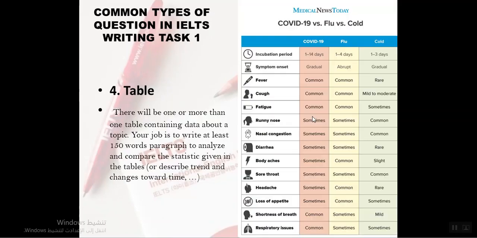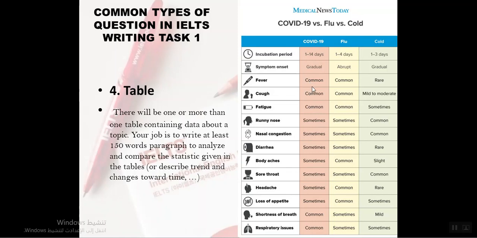Okay. Number 4, the fourth type, is the table. There will be one or more tables containing data about a topic. For example, here the topic is COVID-19 versus flu versus cold, comparing the symptoms between the three diseases. For fever, it's common to have a fever if you have COVID-19, the coronavirus that we're facing nowadays.